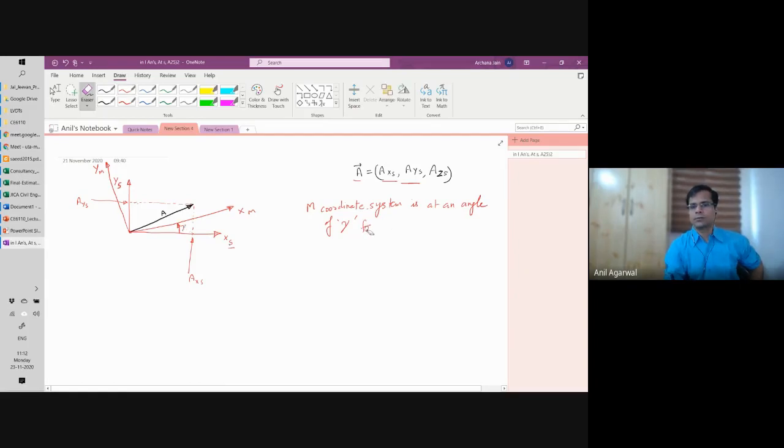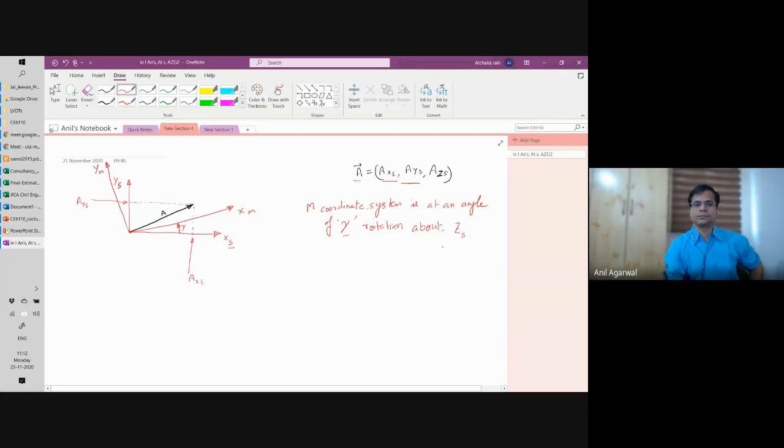At an angle of gamma rotation about which axis are we rotating? Z axis. About the Z axis, right?